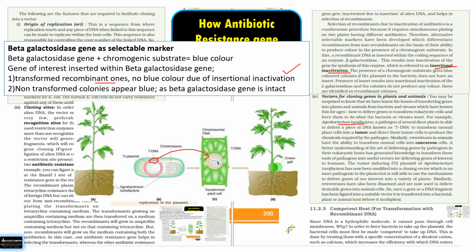And plants will synthesize certain chemicals that boost the growth of this Agrobacterium tumefaciens. So what we do is genetically engineer this T-DNA. Our gene of interest is incorporated in this place so that Agrobacterium will transfer that gene into the plants with high efficiency, as it is a natural process.